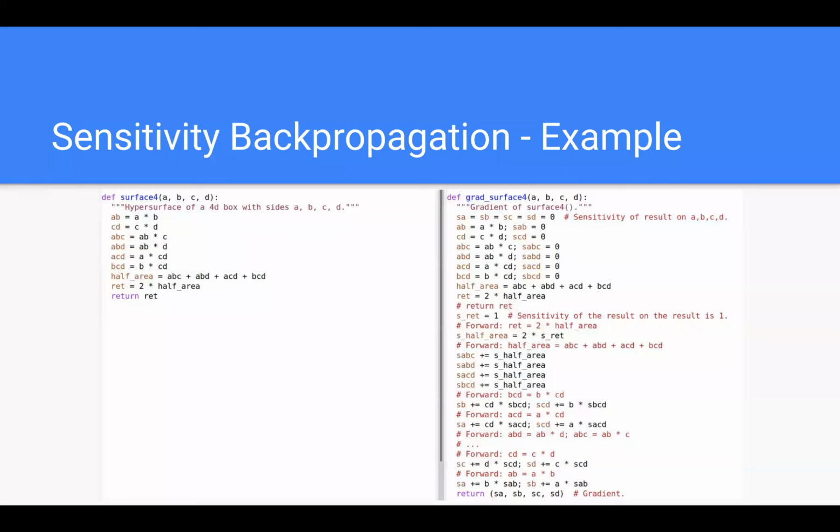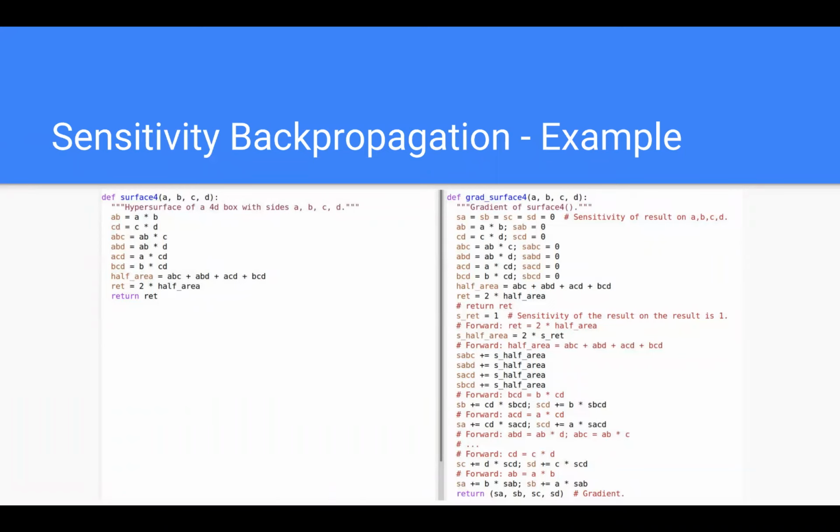If we know the sensitivity of the end result on the product BCD, and BCD is the product of B and CD, then we see that the sensitivity of the end result on B receives a contribution, which is the sensitivity of the end result on BCD scaled up by the factor CD, which is just a rescaling.